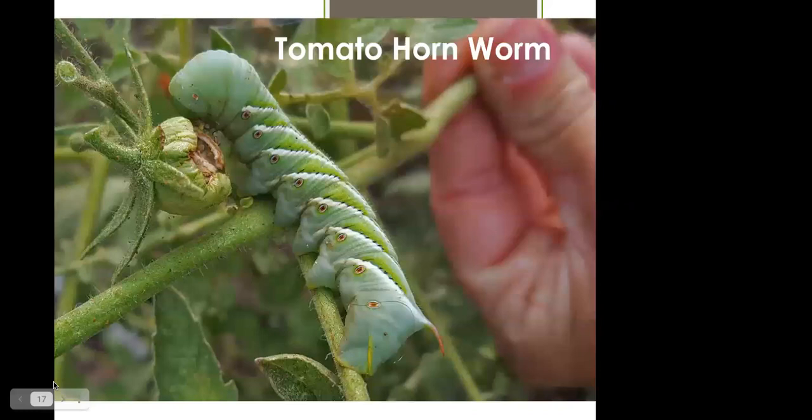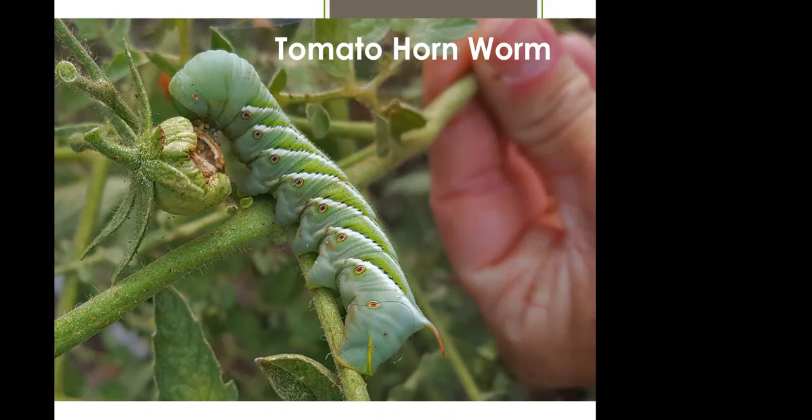All right, so your tomato hornworm, you'll commonly see this on tomatoes. You might see it on peppers as well. I haven't seen it on the eggplants, but I'm sure it's possible. Its favorite crops are those solanums. It's seeded by a moth that comes in and seeds the tomato plant.